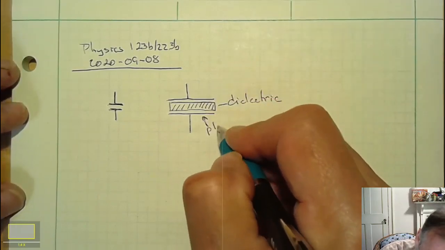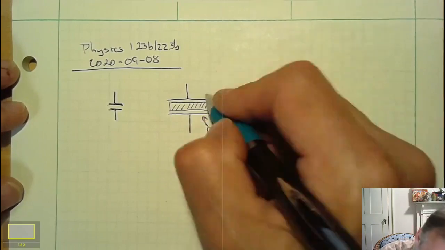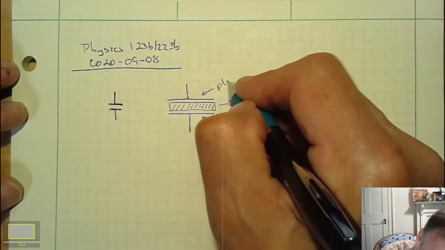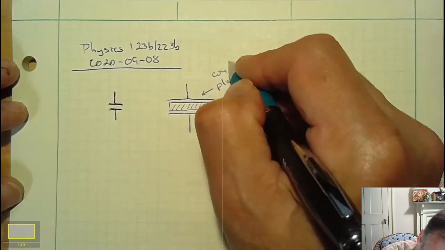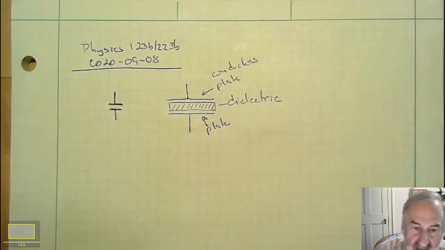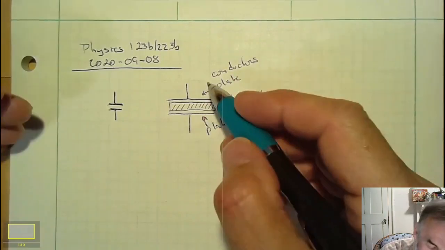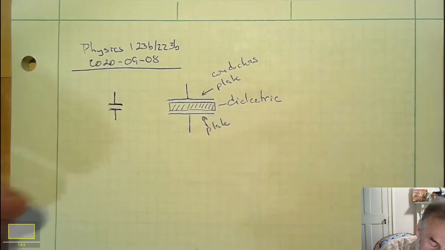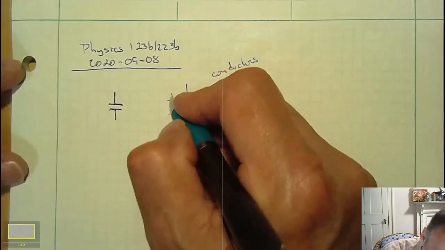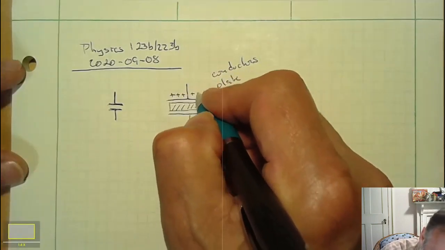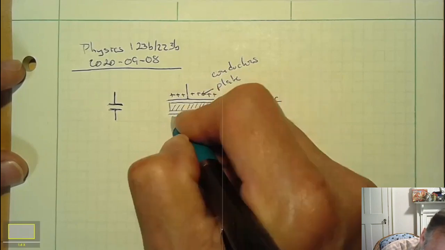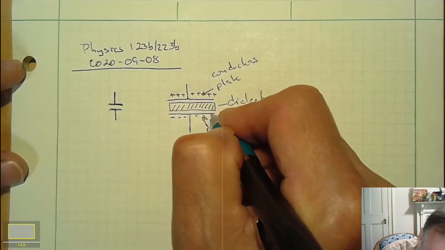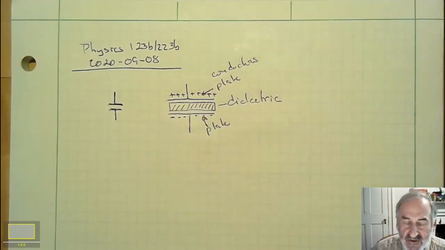We have two plates. They're conductive. And what happens is, if we apply a current to the capacitor, current flows in, we have electrons piling up on one side and positive charges on the other, and we end up with a capacitor that is charged.